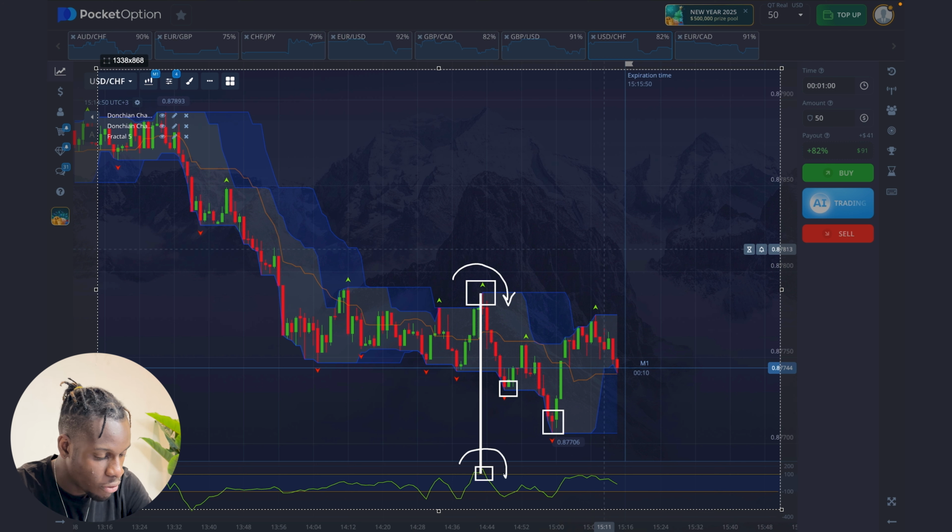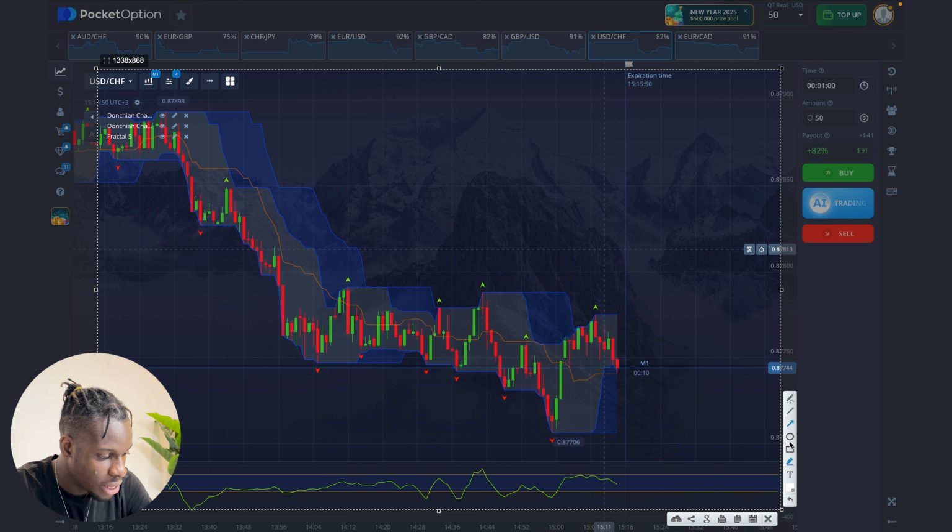So we have a double confirmation from both indicators. In addition to that, we can also confirm the formation of a fractal, which in our case is a structural high, as we can see over here. The same thing applies if you open a buy trade, but this time the touch is going to happen on the lower moving line.